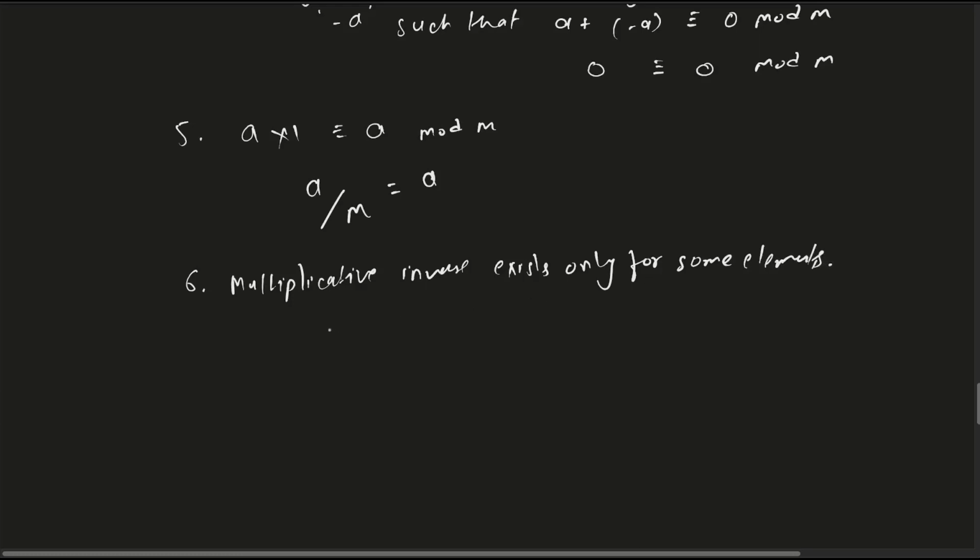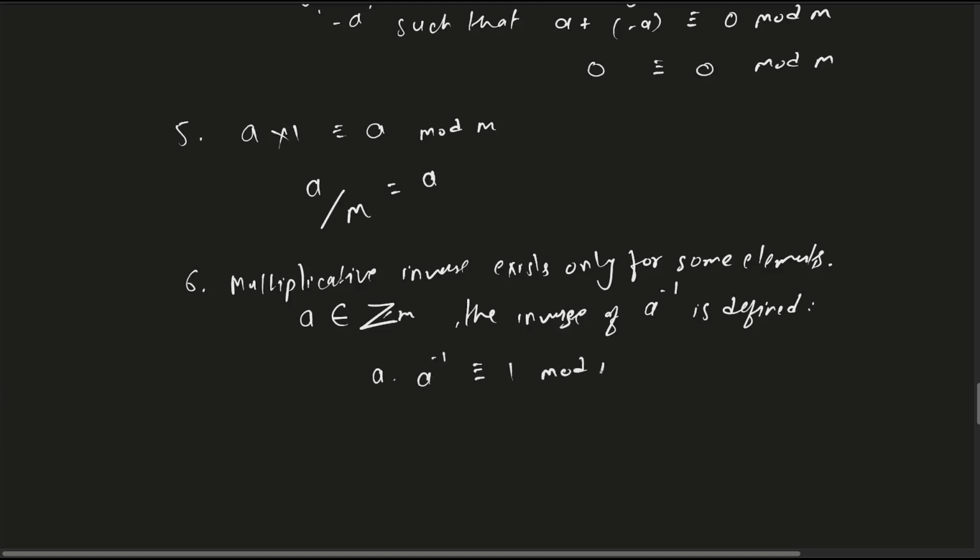So let's say we have this A that belongs to my ring, the inverse of A, that is A inverse, is defined as A times A inverse is equivalent to 1 mod M.